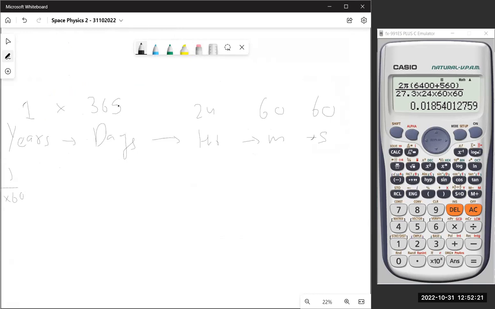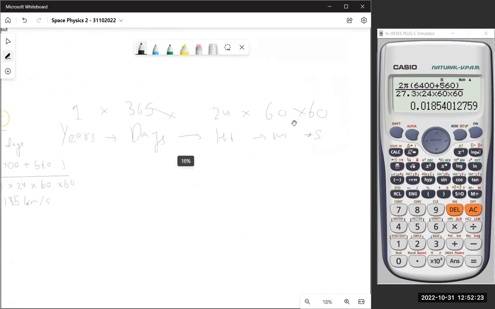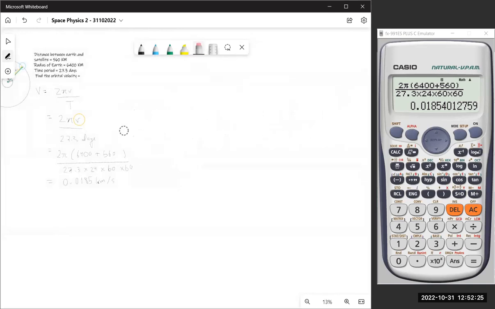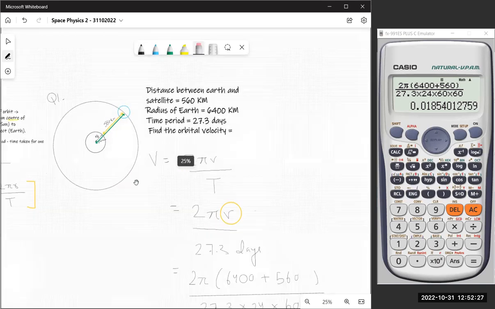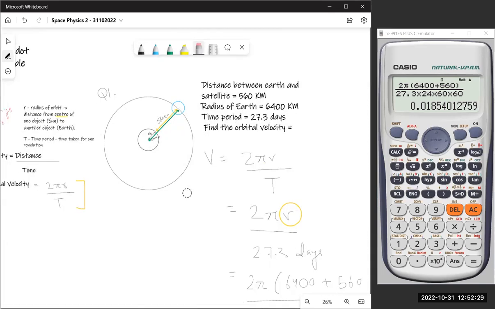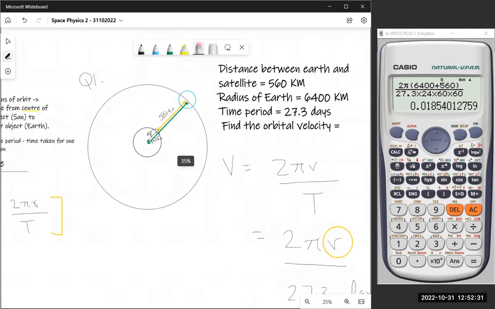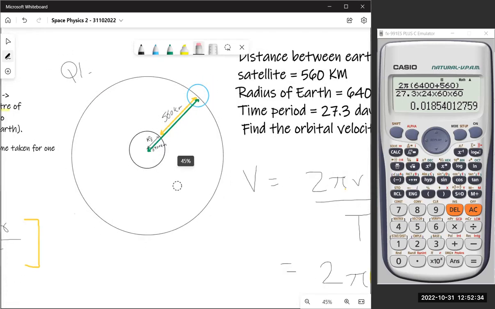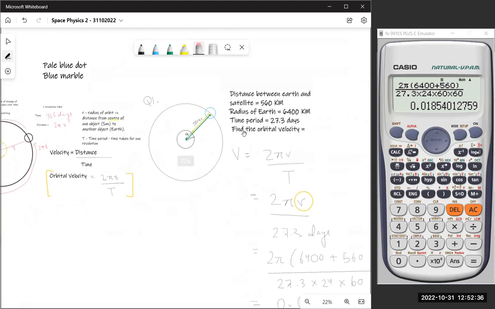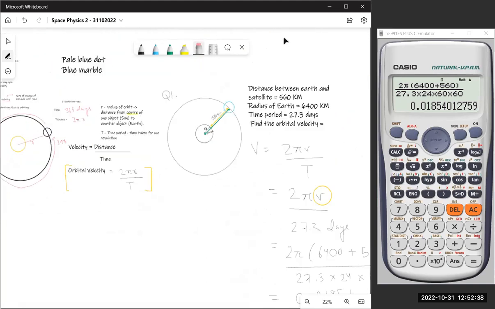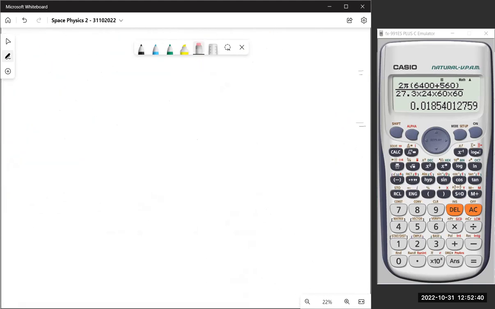So multiply all of these if they give you years. Now, I think that's clear for everyone. The only problem I want you to highlight was that you must add the radius and the distance together to get the actual radius of the orbit. All right, now let's continue with this.